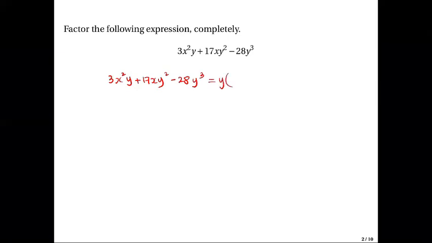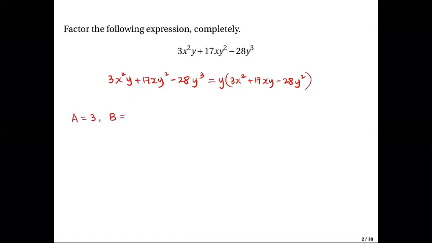We'll have y here, and then we have 3x squared plus 17xy minus 28y squared. And this is still factorable. You remember the methods in factoring general quadratic expressions. So we have your A here, it's 3.